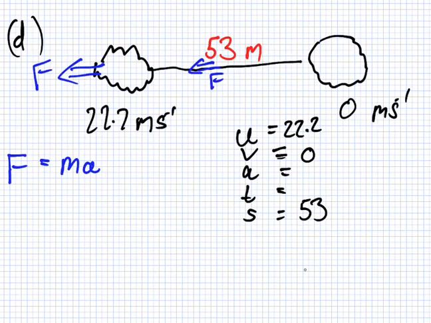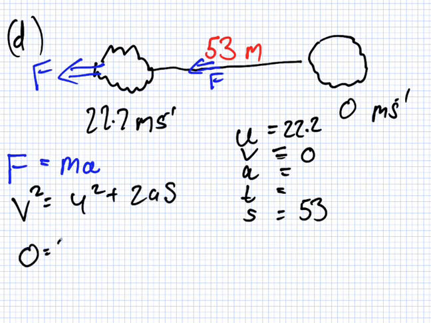Which formula should I use? V squared equals U squared plus 2AS. So we get 0 equals 22.2 squared plus 2 times A times 53, which is 106.